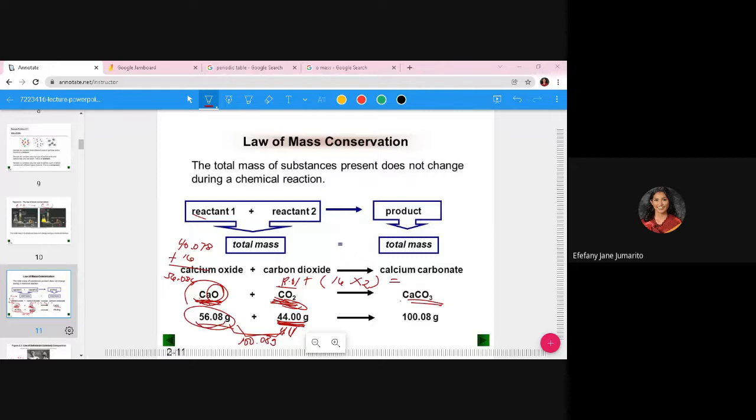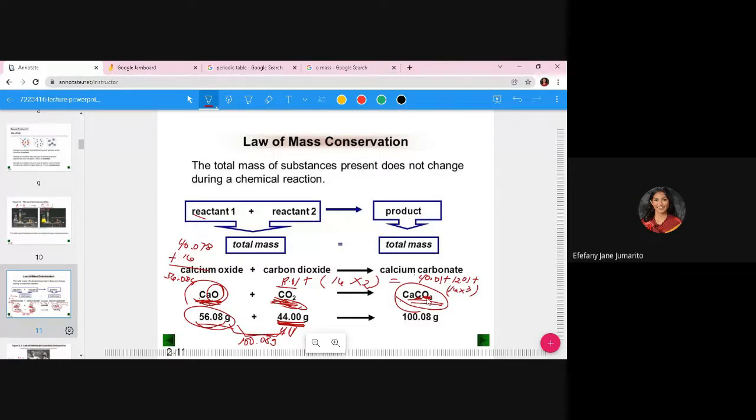Now let's go to the product side. For calcium carbonate, how much is calcium? We have 40.078, plus carbon 12.01, plus oxygen, 16 times 3 because there are 3 atoms of oxygen.